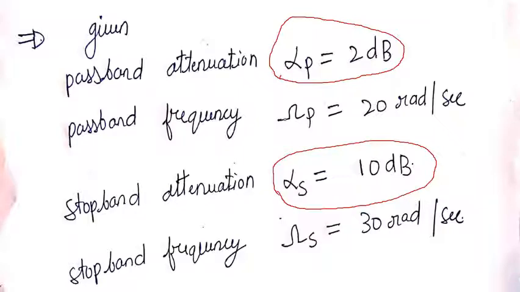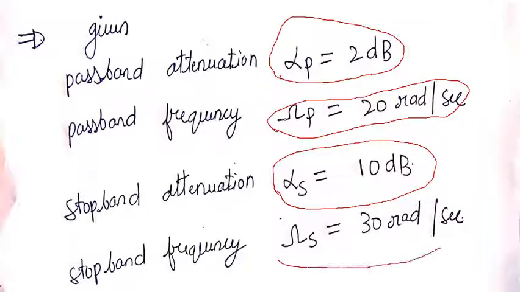Apart from this, passband frequency omega p is given as 20 radian per second and stop band frequency omega s is given as 30 radian per second. So in this step, we have noted down the specifications given in the question.